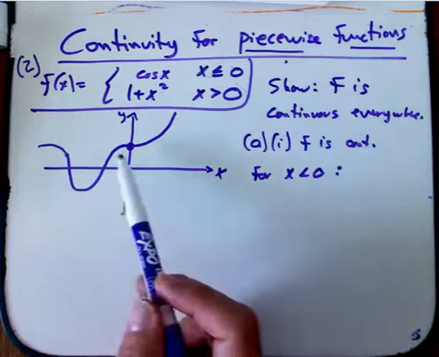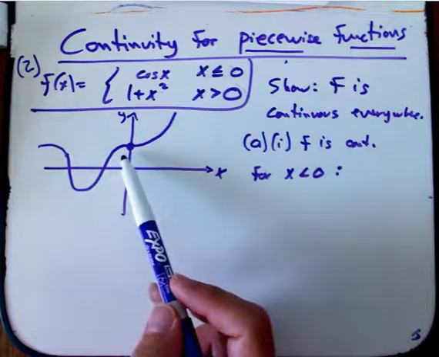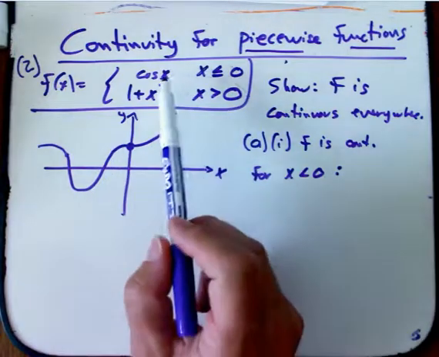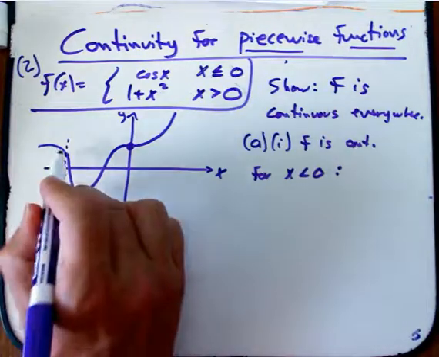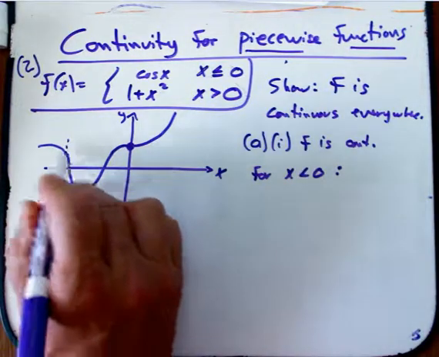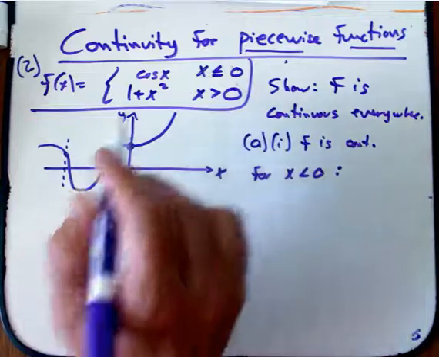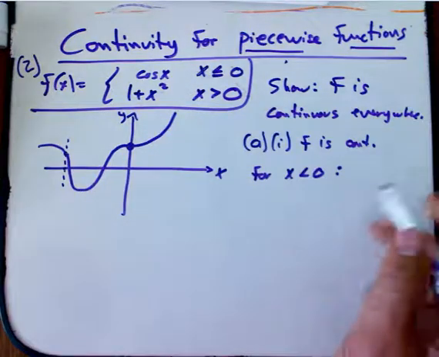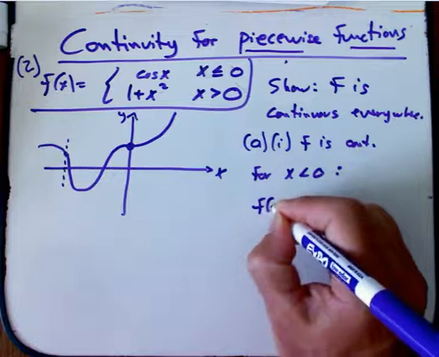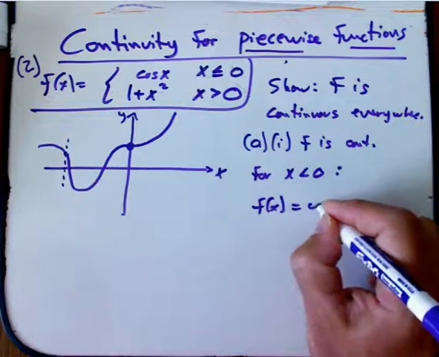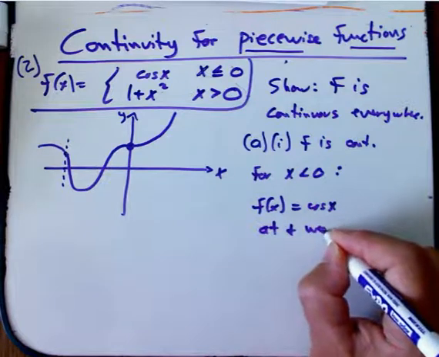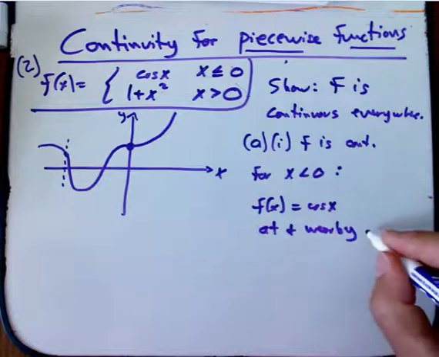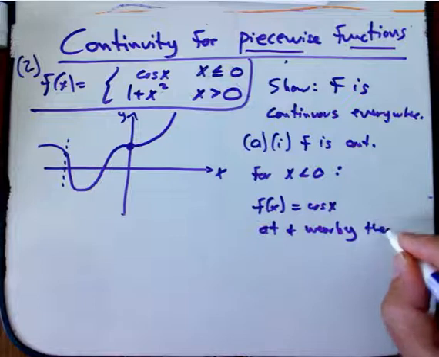Well, for x strictly less than 0, we are nowhere near the breakpoint. For any point strictly less than 0, not only at that point, but on both sides, f is going to be given by cosine x. So here, f of x equals cosine x at and nearby, and that's pretty crucial, we'll see that in a minute, nearby the point.